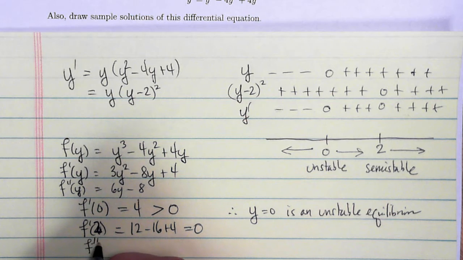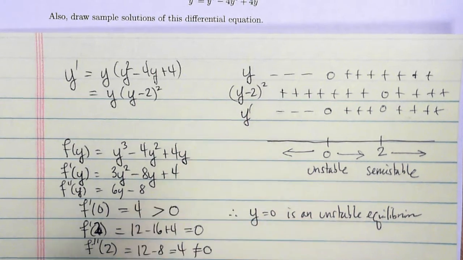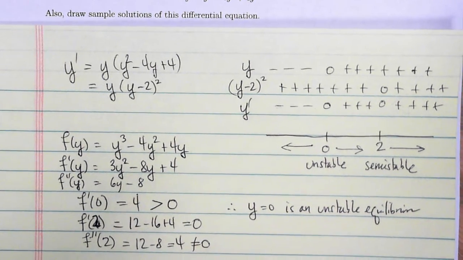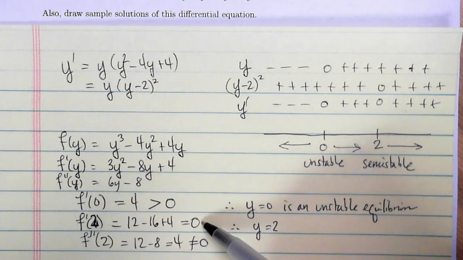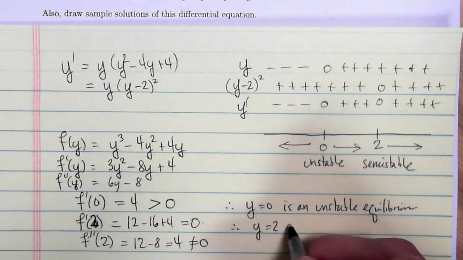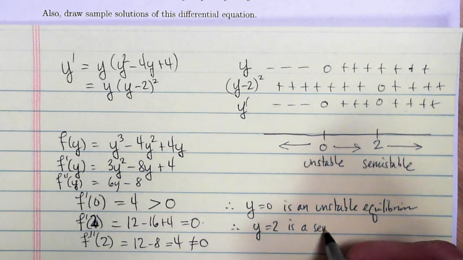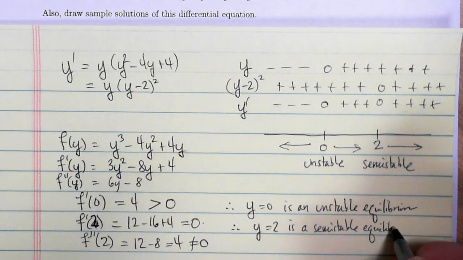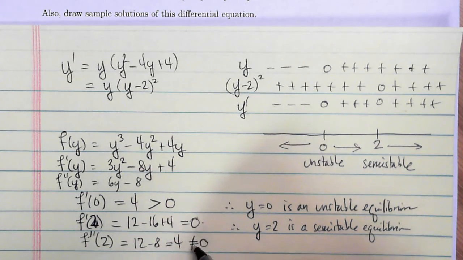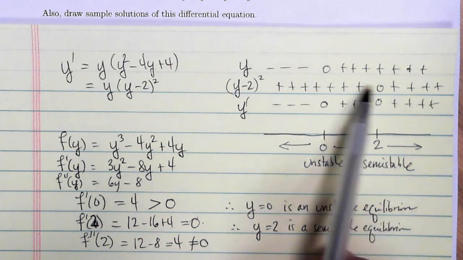And if I plug in 2 into the second derivative, I get 12 minus 8, which is 4. The number is not so important, but the fact that it's not 0. So that means that y equals 2, because the first derivative is equal to 0 and the second one's not 0, is a semi-stable equilibrium. If both of these turn out to be 0, then the test fails and we have to resort to the sign chart.